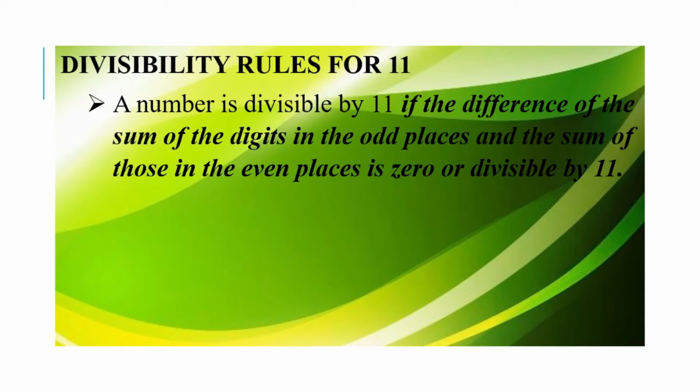What does it mean? First, we will have to identify those numbers who belong to odd places and even places. Then, we will add them and then find their difference. Understood? So, we will try.